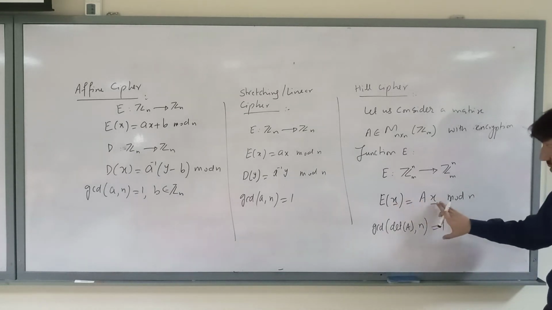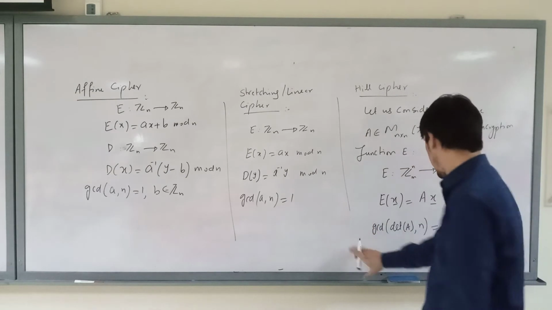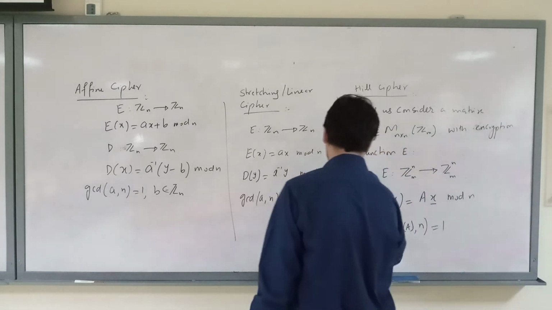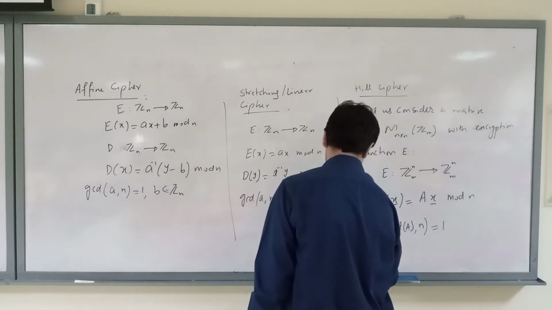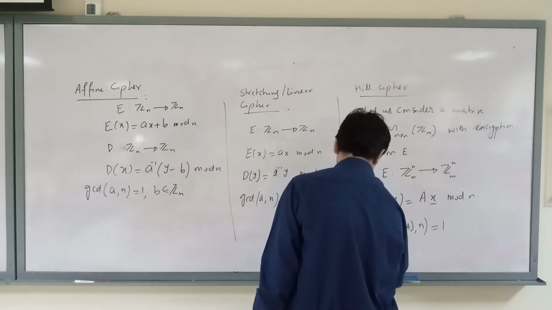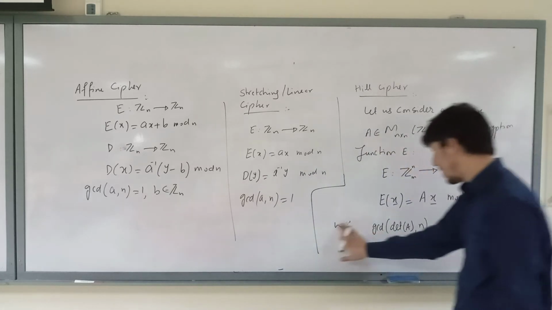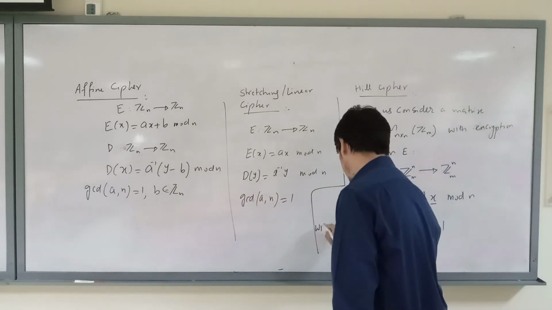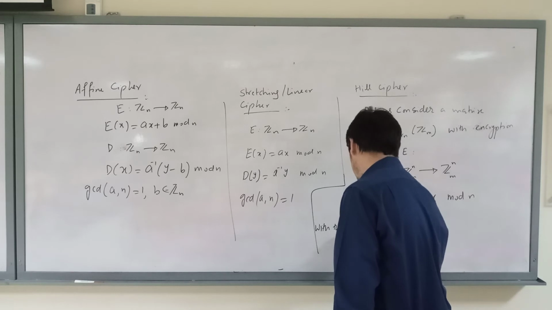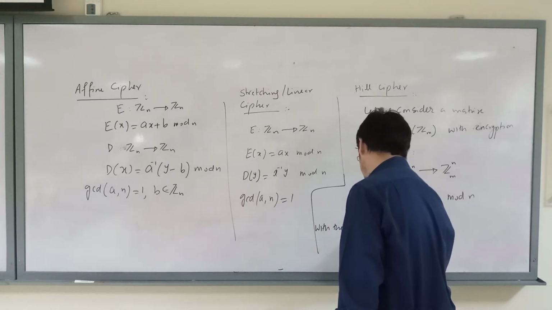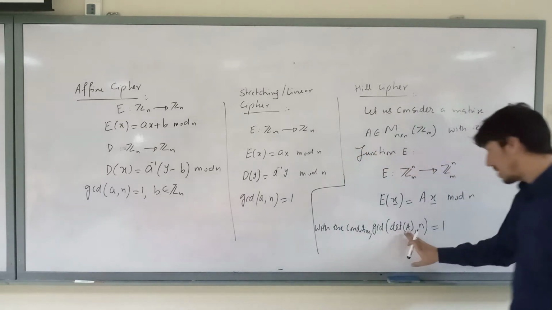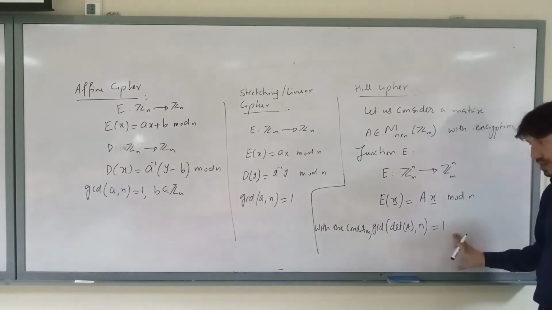The encryption function is A times X with the condition that GCD of determinant of A with n is 1.